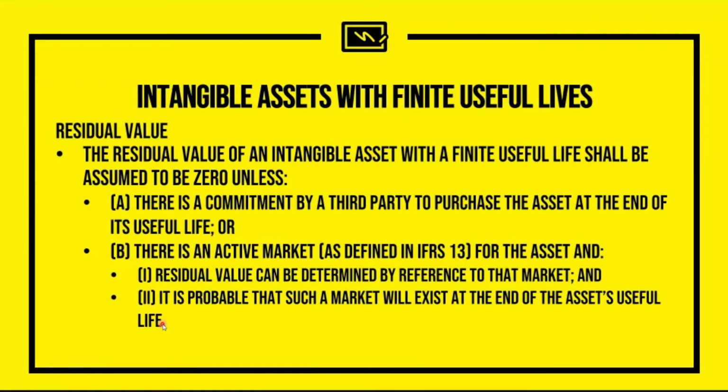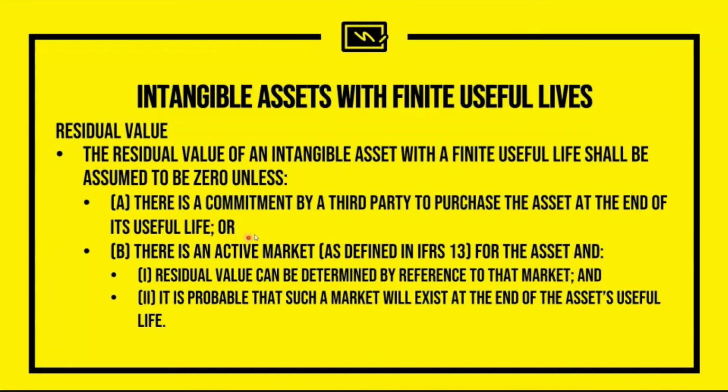Okay? So, what are we trying to say here? If there is a problem that we encountered, and there is no residual value provided, then of course residual value is automatically zero. If the residual value is provided, we need to assess and determine whether the residual value is in reference to either A or B: either committed by a third party commitment, or based on an active market.